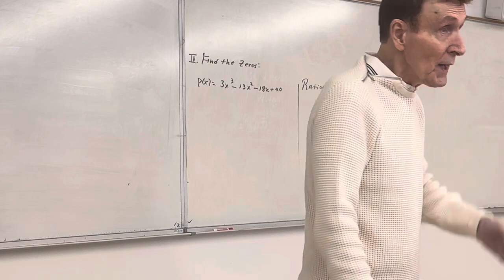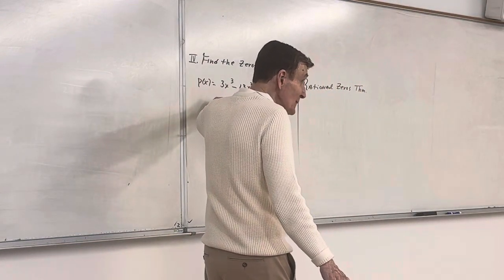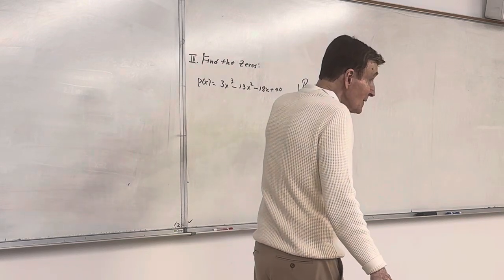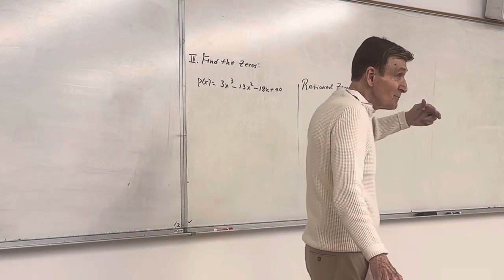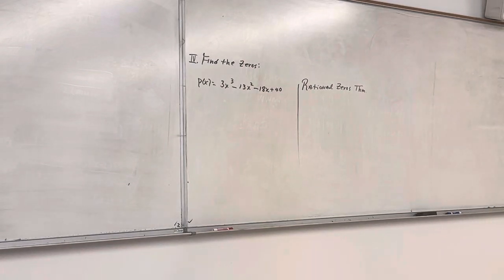So if one of the 3 zeros has a square root in it, this will not work. This will not give me a notion of what's happening here. So no irrationals. This is only for rational. Imaginary? No imaginaries. It's going to just give me possibilities of rational zeros.